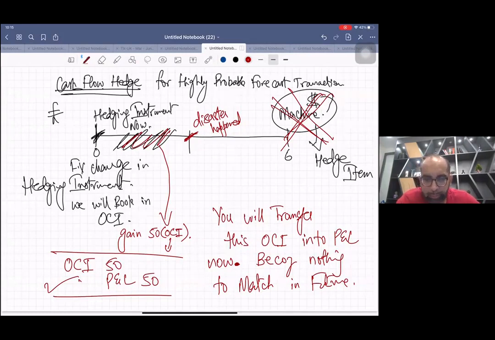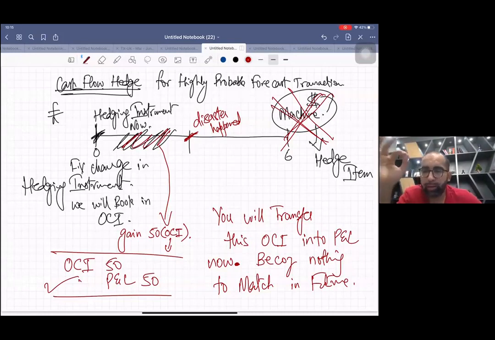So now listen, students, the purpose of hedge accounting is offsetting. This is also one very famous dialogue. The purpose of hedging is to reduce risk, no doubt.